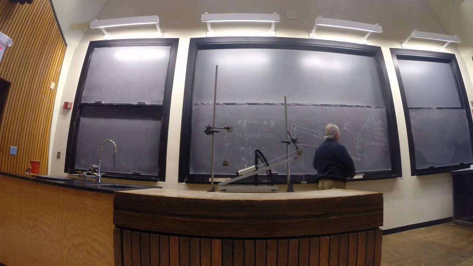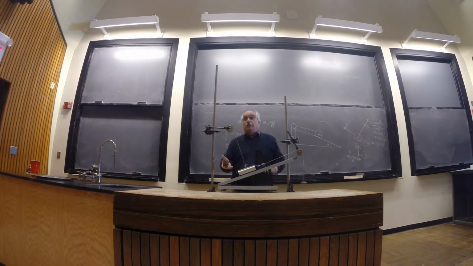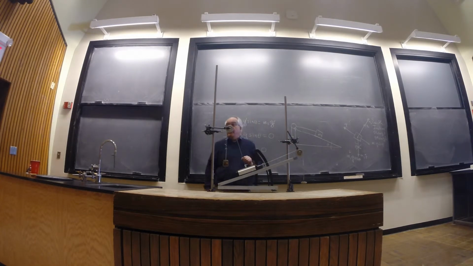Okay, suppose I have enough T2, that is enough mass here, so that this weight is m1g cosine theta. What should N be then? 0. N should be 0. What does N equal 0 mean?